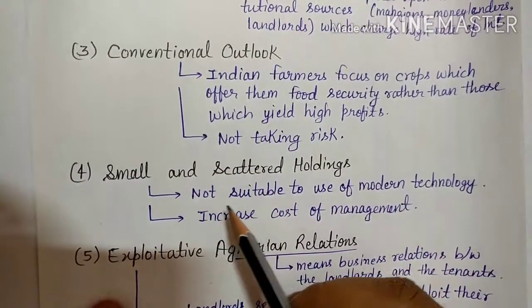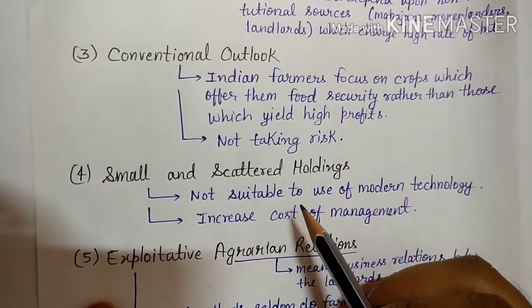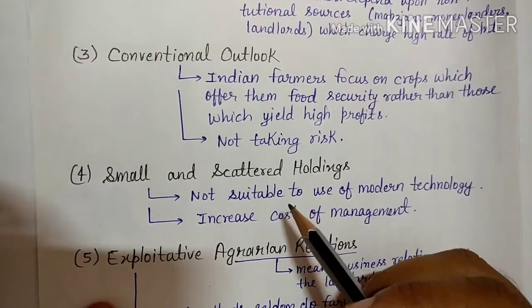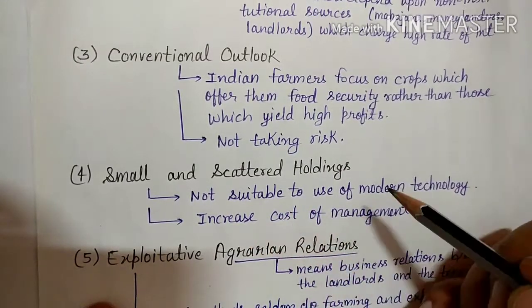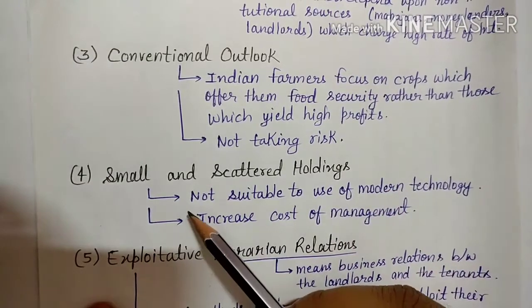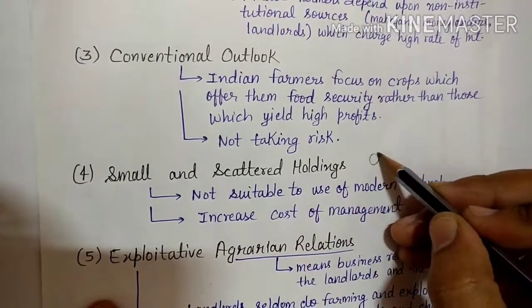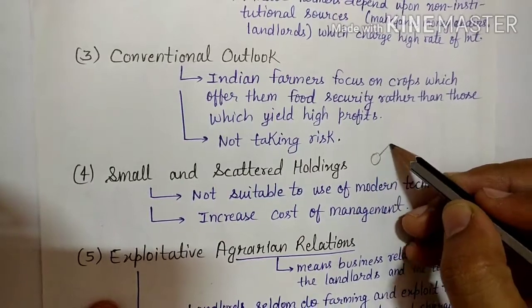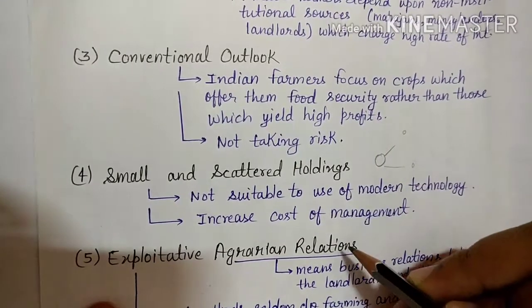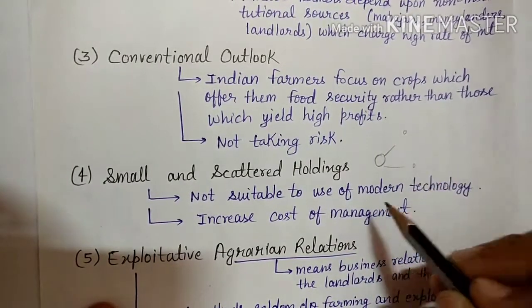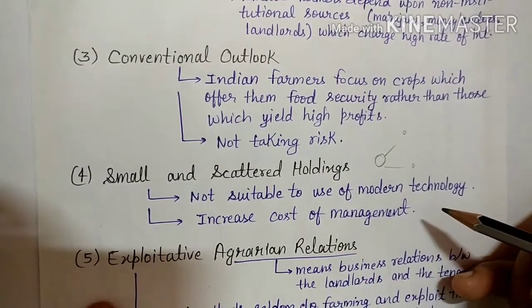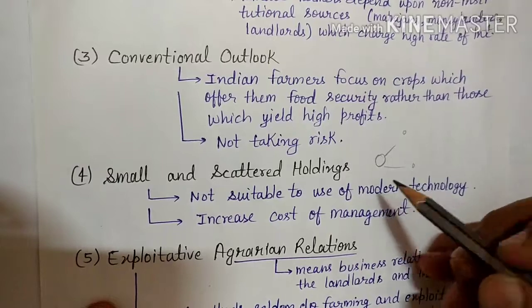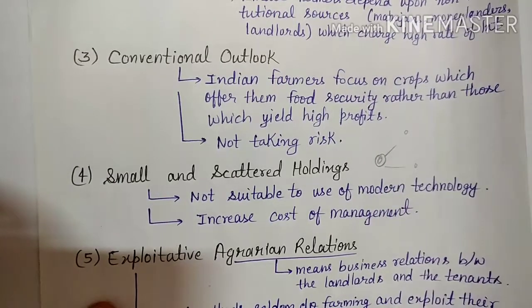Then comes what, small and scattered holdings. Already we have learned in features that Indian farmers have small holdings, a small size of land to work on. And it is scattered also. It means some part is here, some part is here, and this type of land parts are not suitable for use of modern technology, because modern technology includes tractors and harvesters, which we can't use on such small land, okay.